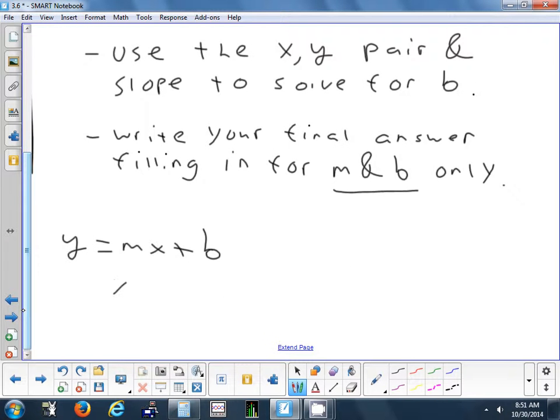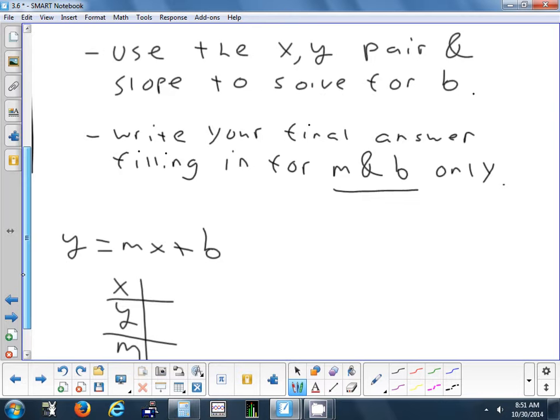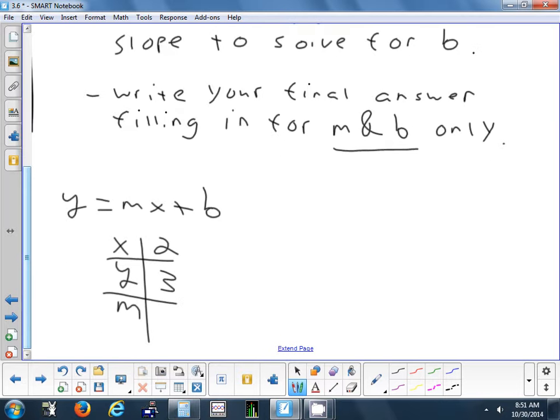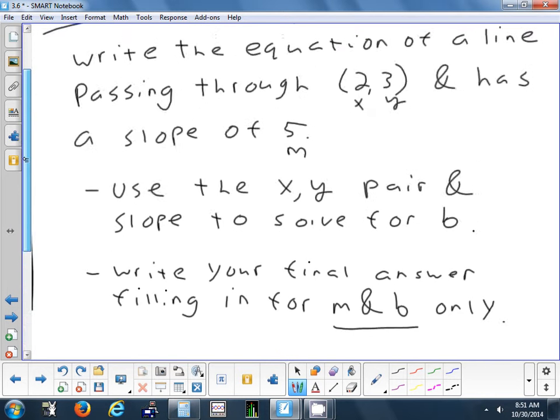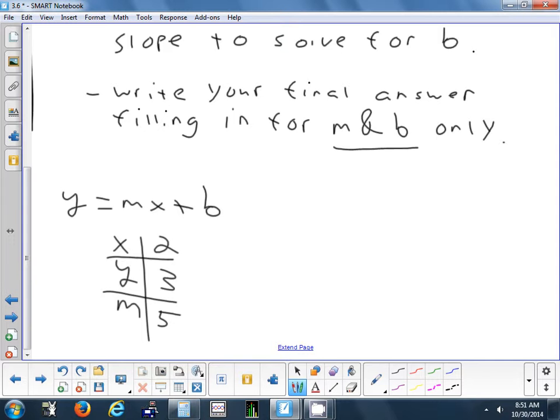So let's make a table. All the table is for is organizing our information. So x is 2, y is 3, and the slope is 5. What's the only letter that we're missing? Anthony?